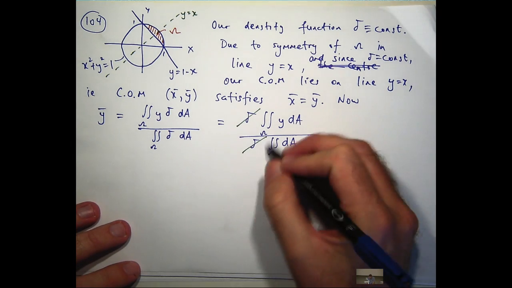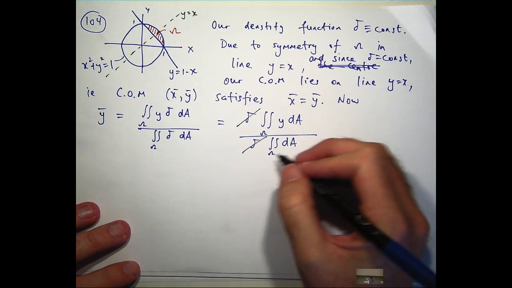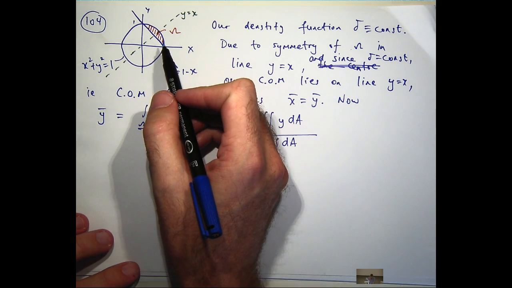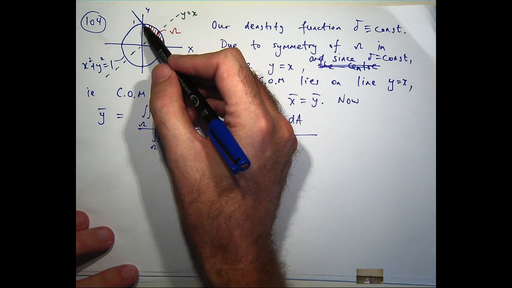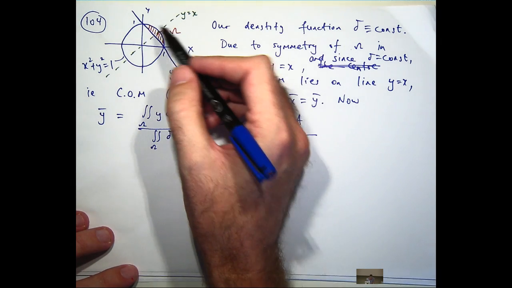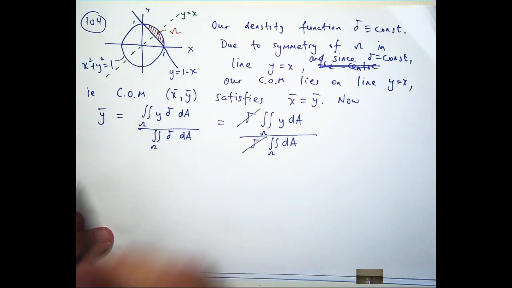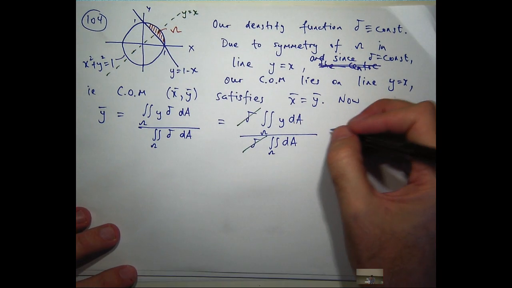And now if you look down here, this is just the area of our little region. Okay? Now, is there a quick way to calculate the area? Well, yes, it is. It's just the area of a quarter circle minus the area of this triangle.